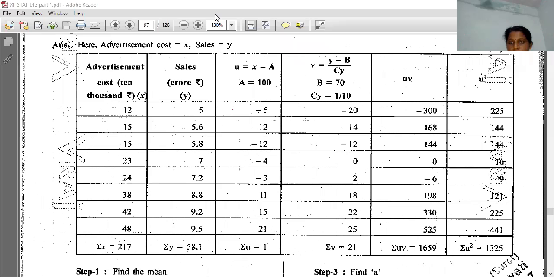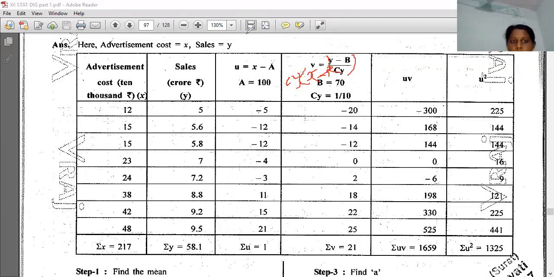This will be in bracket, like cy into x minus b, something like this.